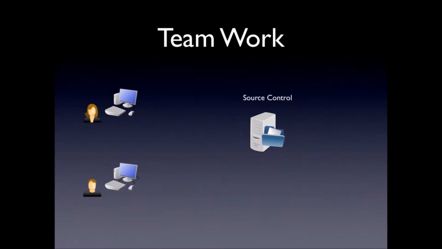When we're doing teamwork, we often have source control, and we have different members of the team working and checking in their code to source control. And in principle, if everything is done correctly, all is good. The first person checks in the code, the second person checks out code, and everyone can continue to work in a normal way. However, reality tells us that things don't quite work as expected.